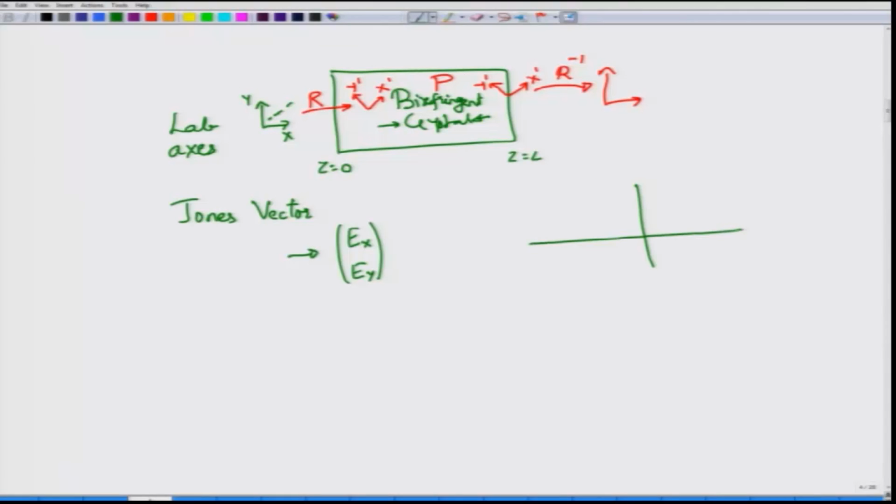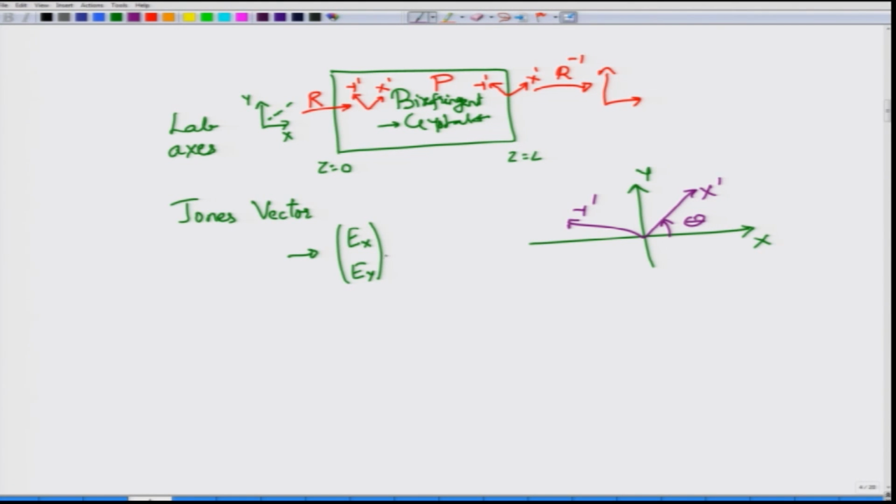So, you have to go from x y axis to x prime y prime axis, and these two axes are related like this. This is x and y, and you have x prime and y prime axis here. X prime and y prime axis are at an angle of theta, where theta is the rotation angle between x y and x prime y prime, the offset angle between the lab and the crystal reference frame.